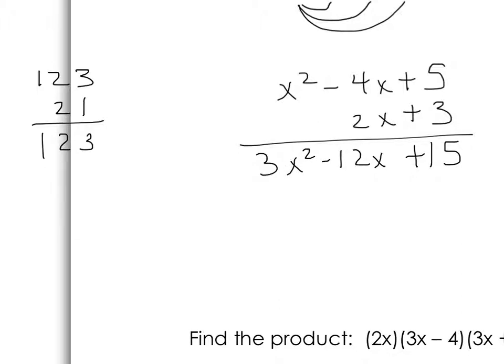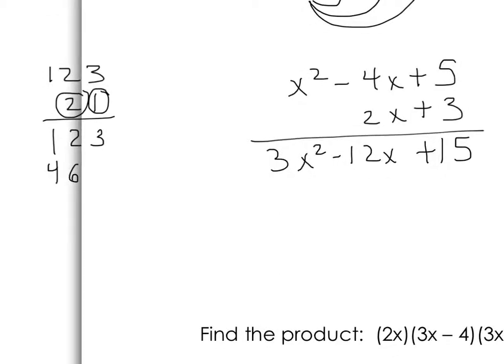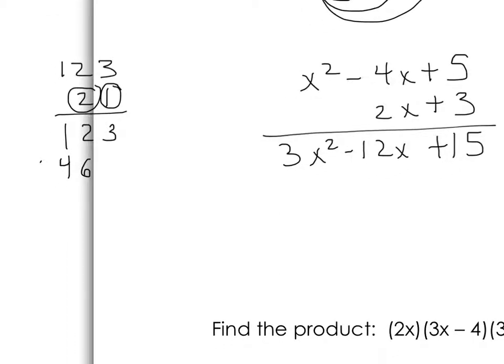Back with our number example, after you get through multiplying everything by 1, you multiply everything by 2. 2 times 3 is 6. You move over 1 because you're in the tens now. 2 times 2 is 4. And 2 times 1 is 2. Then you add 3, 8, 5, 2. It's easy with numbers. You've been doing that a long time.